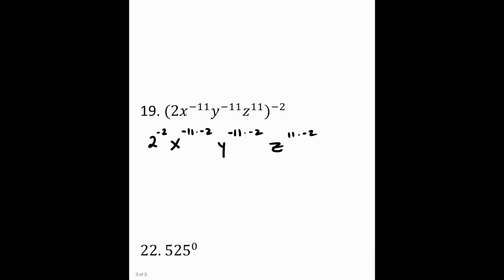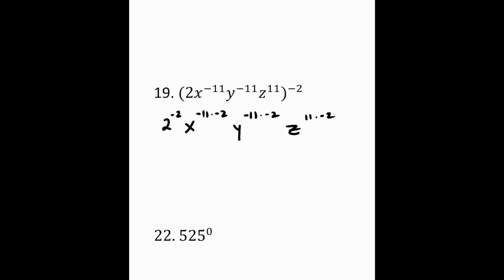So we have 2 to the negative second power, x to the negative 11 times negative 2, y to the negative 11 times negative 2, and then z to the 11th power times negative 2.